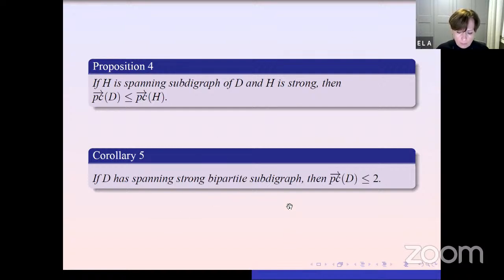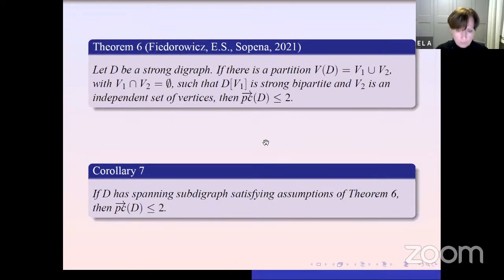We generalized the theorem for bipartite digraphs in the following way. We prove that if D is a strong digraph and it has a partition of the vertex set into 2 disjoint sets V1 and V2, such that the first set induces a strong bipartite digraph and the second set is an independent set, then the proper connection number is at most 2.